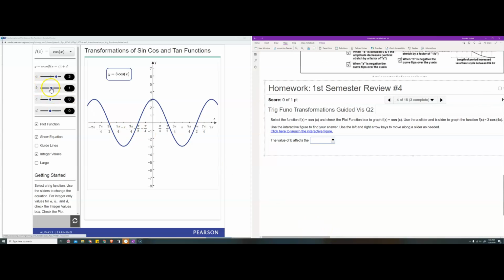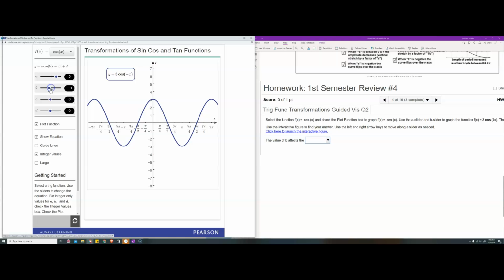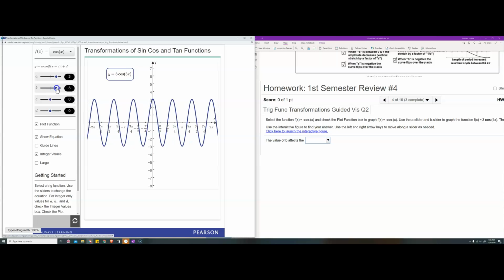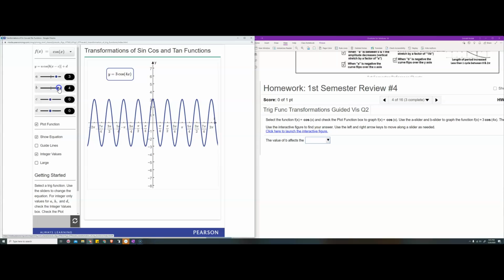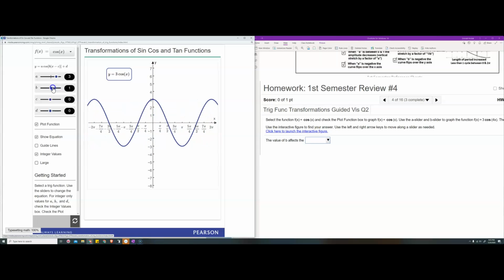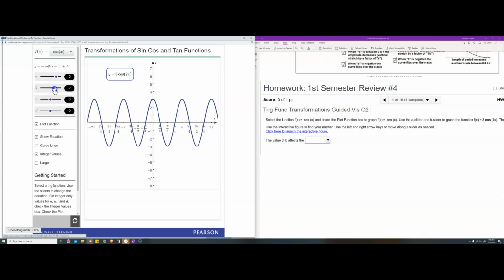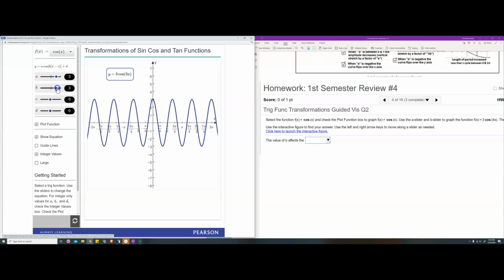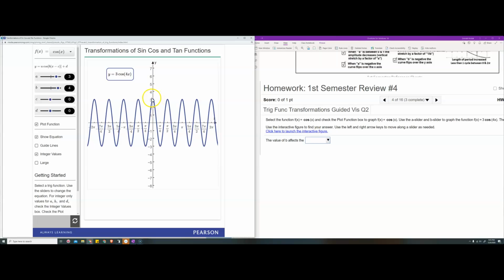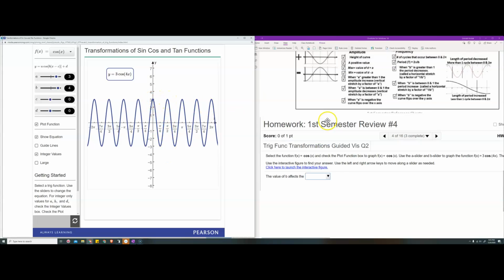All right, so when I do B and I move that to 4, that affected the period of the function. This period right now from high point to high point is 2 pi. When I move this to 4, now the period from one high point to the other is only pi over 2.